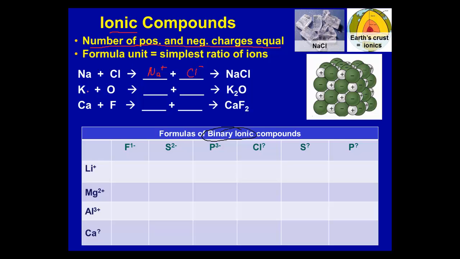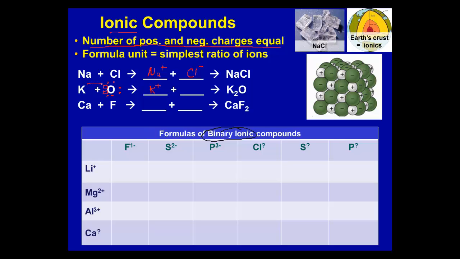Let's take a look at another example, K and O. Well, K is just below Na on the periodic table, so K will form a +1 charge just like sodium does. But oxygen is a little bit different. It has 1, 2, 3, 4, 5, 6 electrons in its outer shell, and would like to have 2 more electrons.